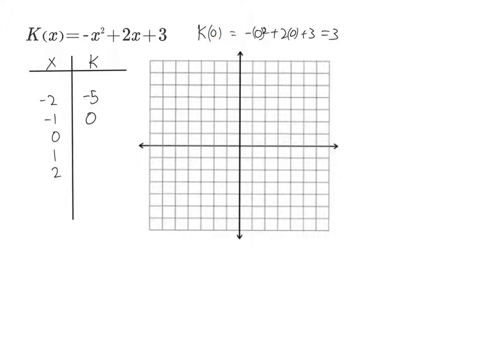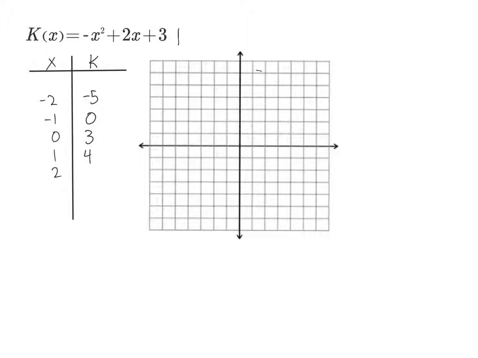So I'm going to put a 3 right here. Now for x equals 1, k of 1 equals negative 1 squared plus 2 times 1 plus 3. This equals negative 1 plus 2 plus 3, which is 5 minus 1, which is 4. So 4 goes here.